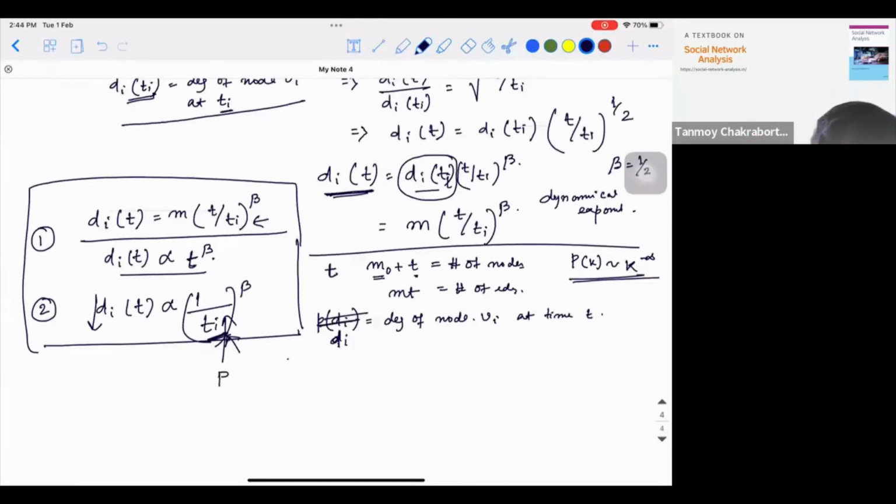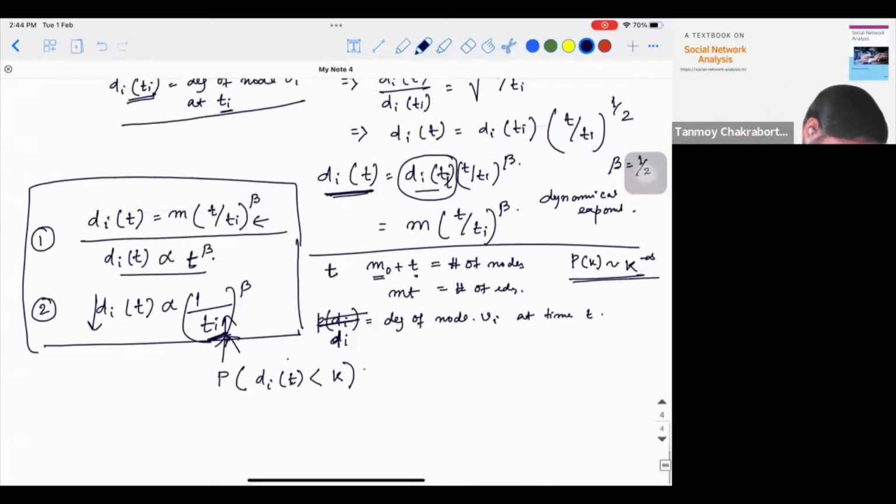So let's look at the cumulative probability. The cumulative probability that a particular node i has a degree di at time t. What does it mean?